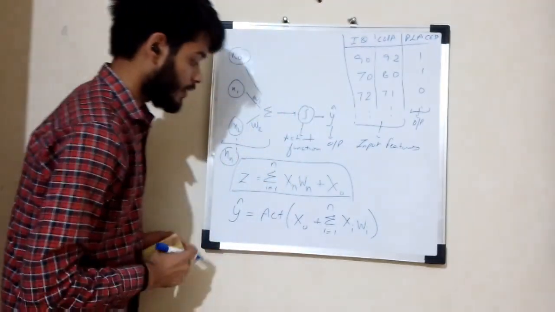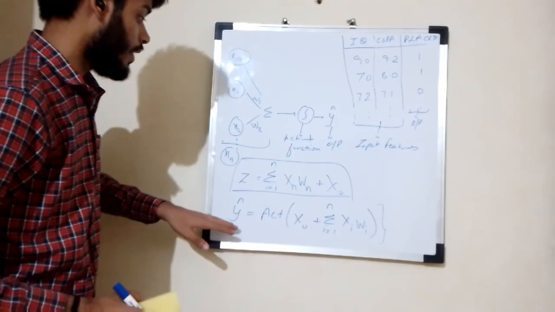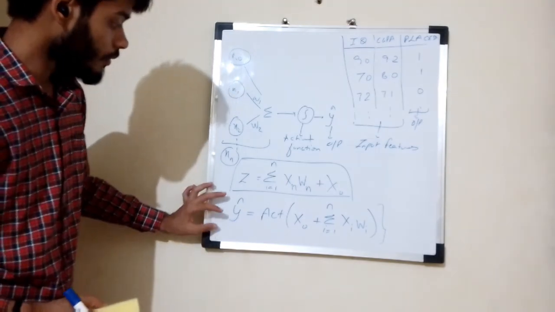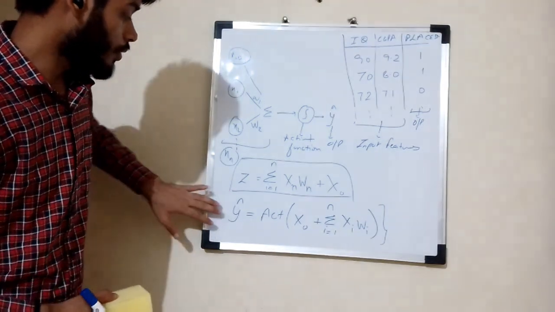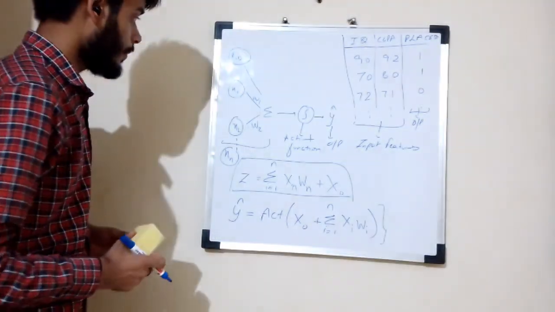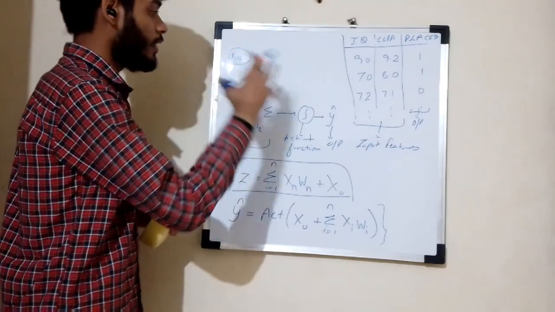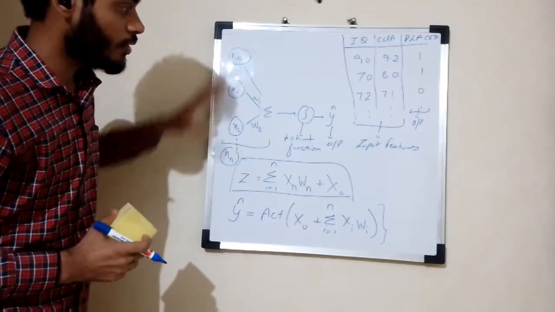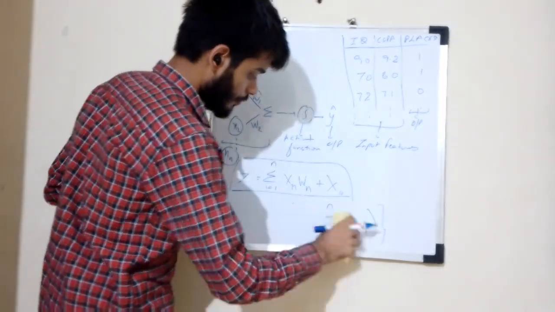This is the expression for finding the output, which is y cap. So let's see how my neural network works. This was a revision of my earlier video. Let me erase this.